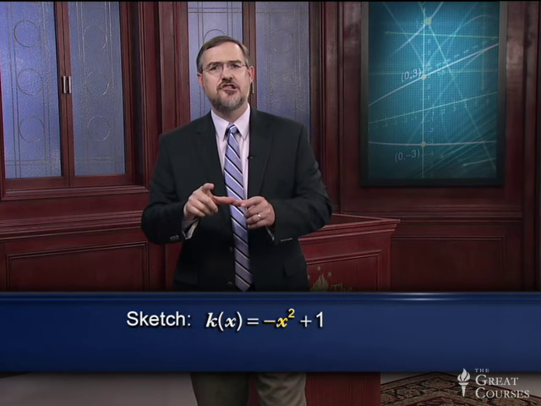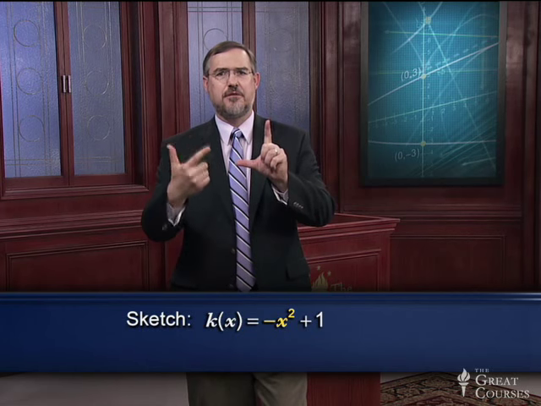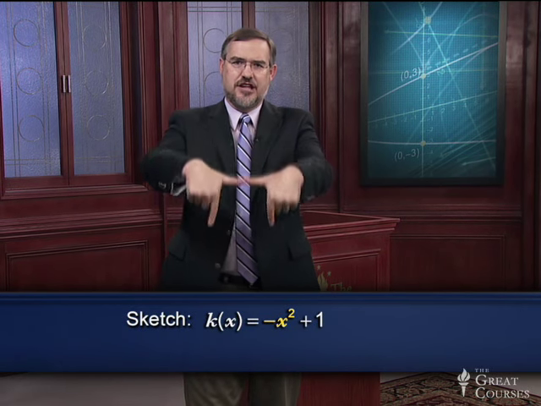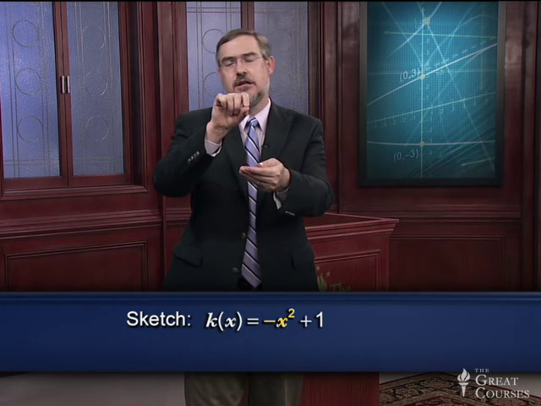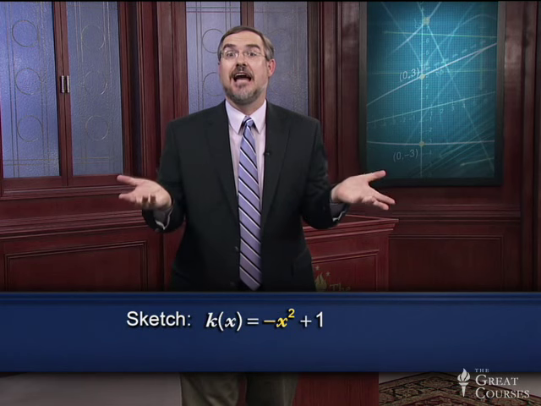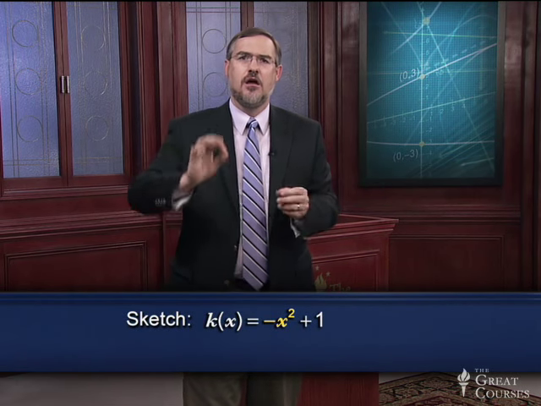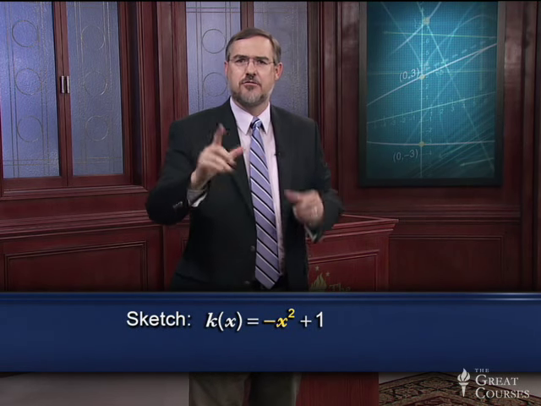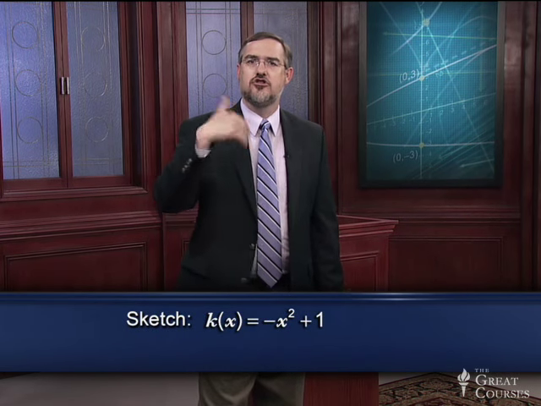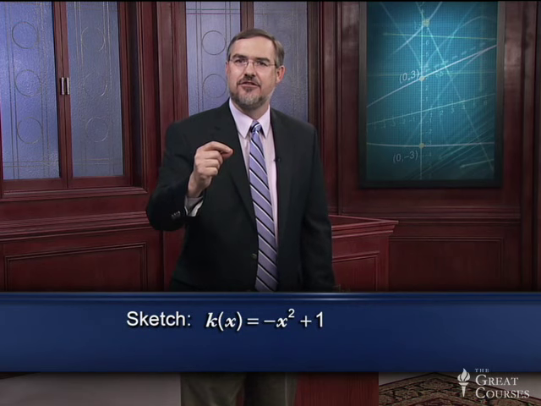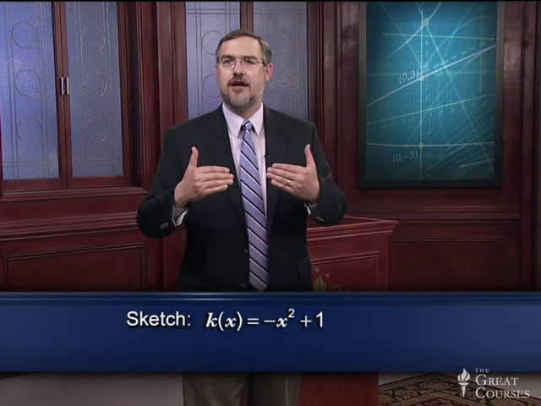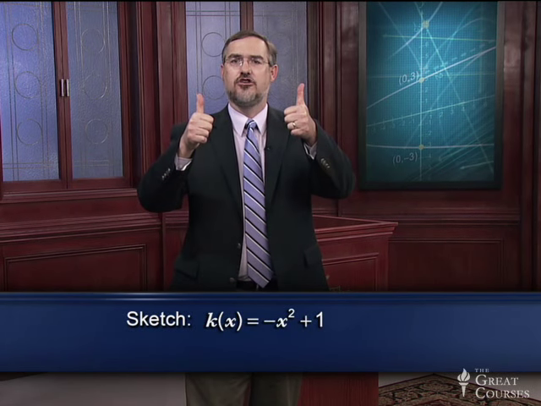So, when I start with x squared and I multiply that by a negative 1, I'll have the graph of negative x squared, which is exactly the same parabola with the vertex at the same place, but it's now been flipped upside down, if you want to think of it that way. So, I go from x squared to minus x squared by flipping. When I then add that 1 to the whole function, what does that do? Well, adding a 1 to the whole function makes the graph go up 1 unit.